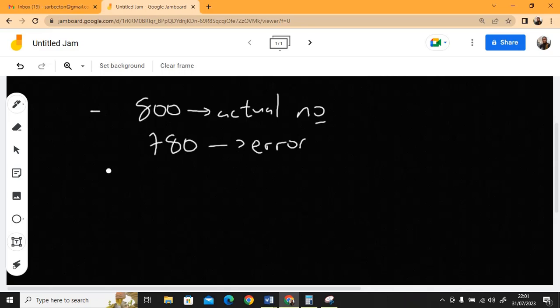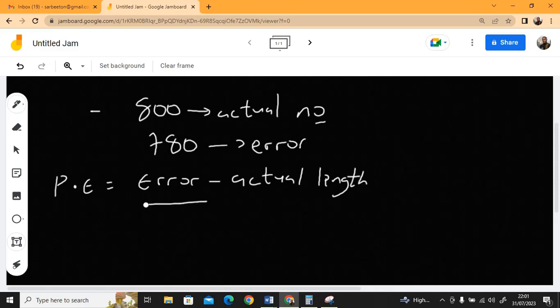So the formula for percentage error is the error you made, the measured value minus the actual length, or actual number, over the actual number or length.